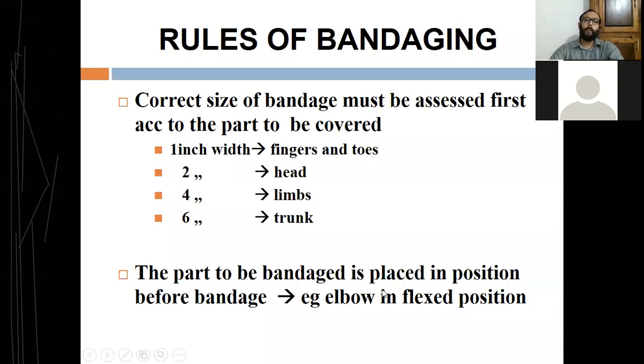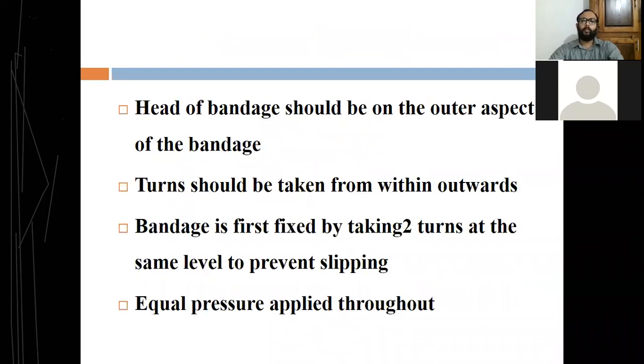The part to be bandaged should be kept in the correct position before the bandage. The head of the bandage should always be on the outer aspect of the bandage. The turn should be from inwards to outwards, or from medial to lateral. The first two turns should be at the same level to avoid slipping.